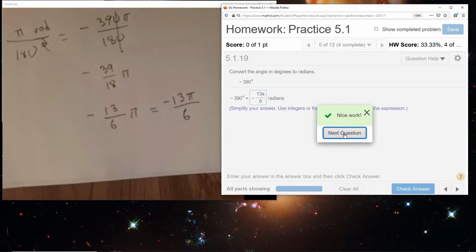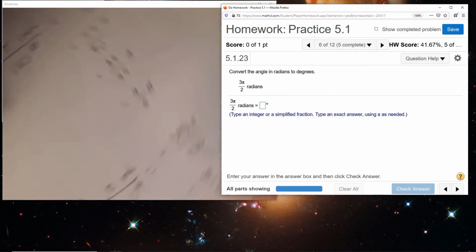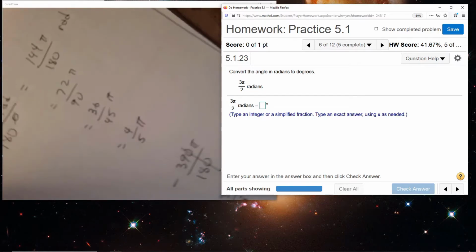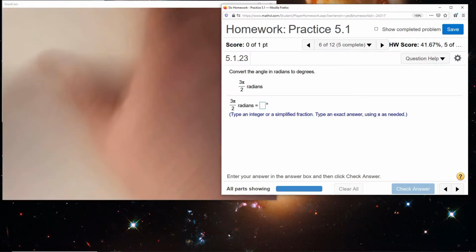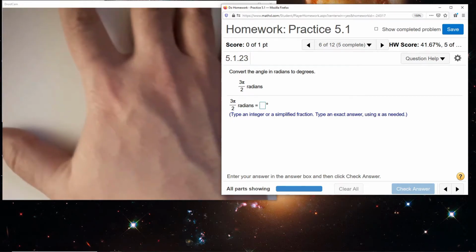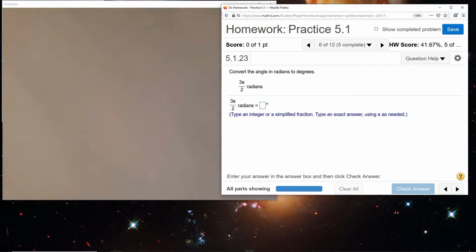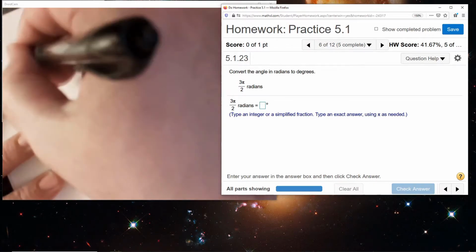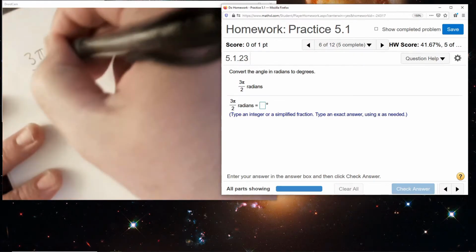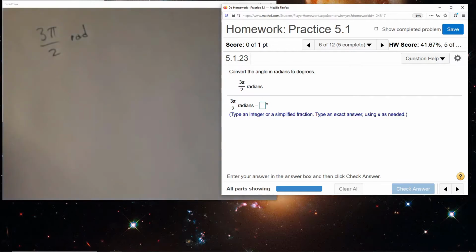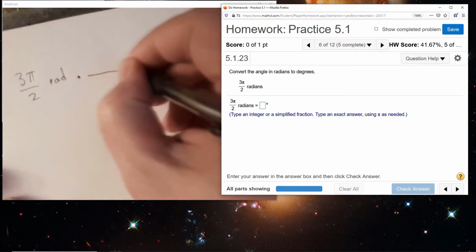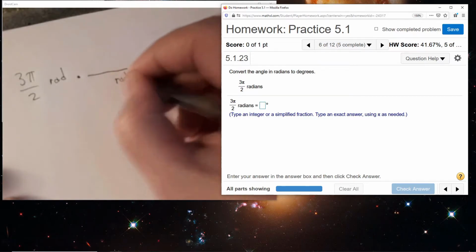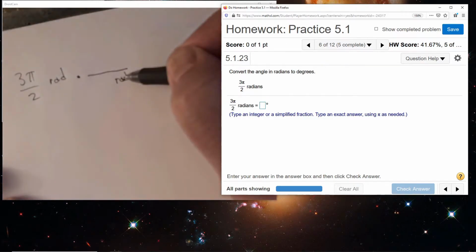Let's check out the next one. So now we have radians that we're going to convert to degrees. So 3 pi over 2. And now we are in radians here, so we want to get rid of radians. So radians has to go in the denominator so that divides out.